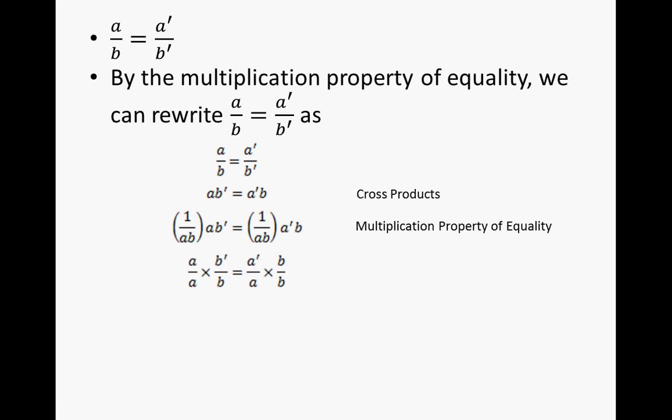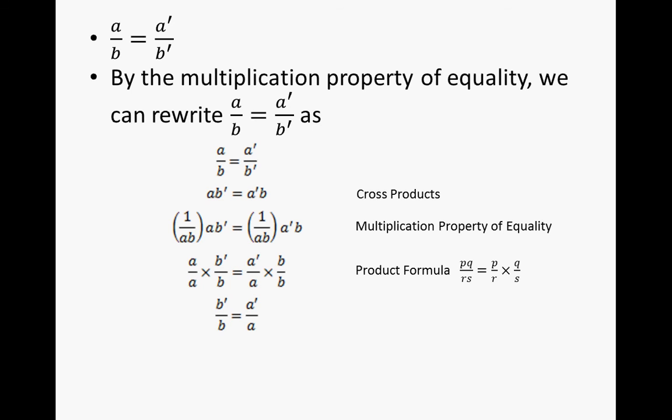When we do this, and again this is our multiplication property of equality, we end up with a b prime over a b, which we can split up into two separate fractions on each side. This is our cross product formula: a b prime over a b and a prime b over a b can be written as two separate fractions. a over a times b prime over b equals a prime over a times b over b.